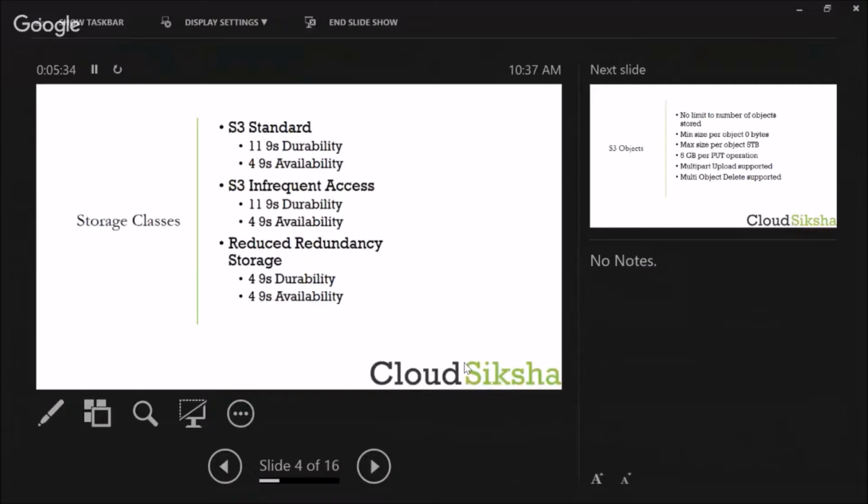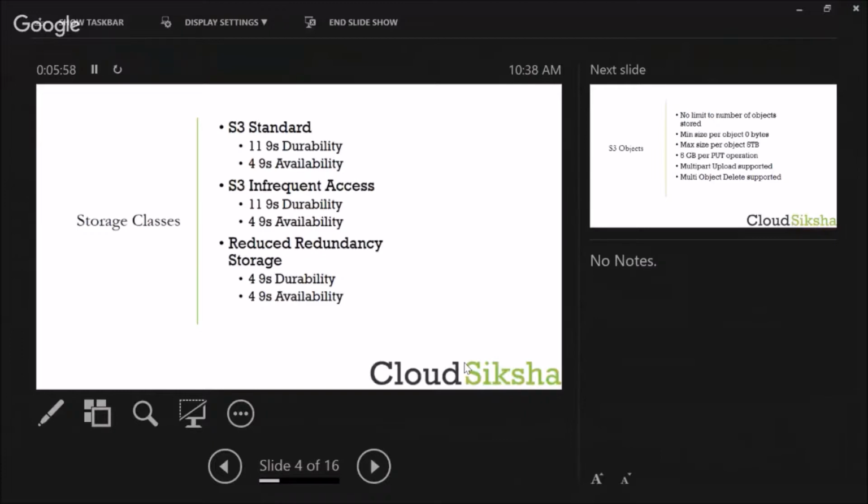Or if there are other things that you can generate again, for example, you have an important video which you don't want to delete, but you made a small clipping of that video. Now that clipping of the video you can regenerate again. So that clipping you don't need to store in standard class, you can go ahead and store it in reduced redundancy class.